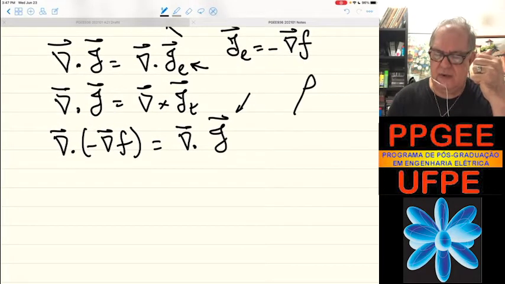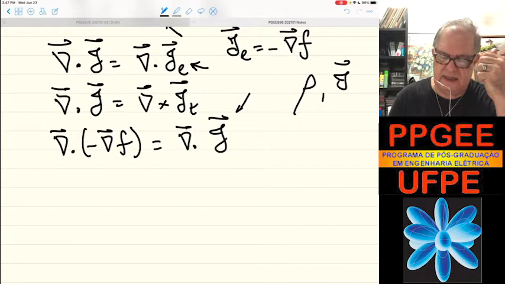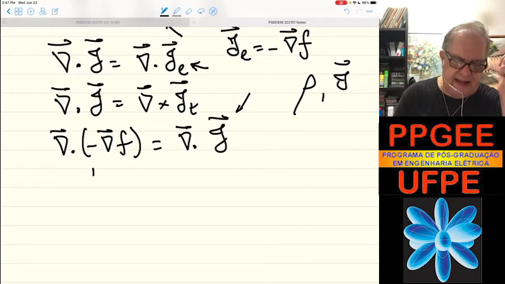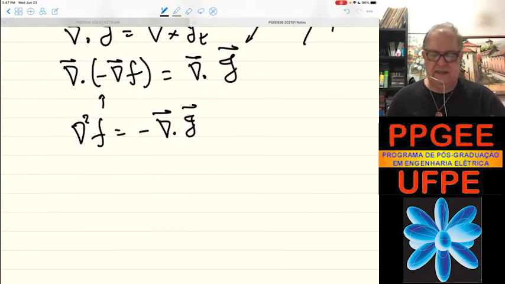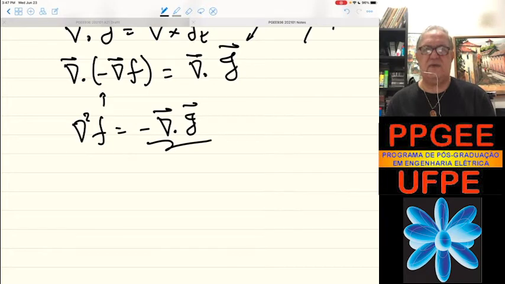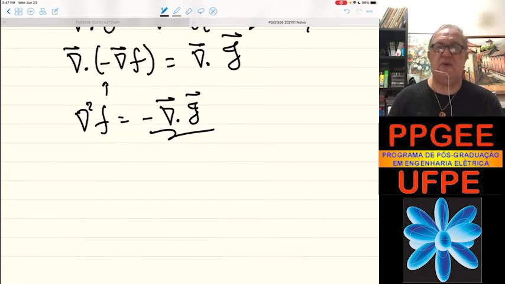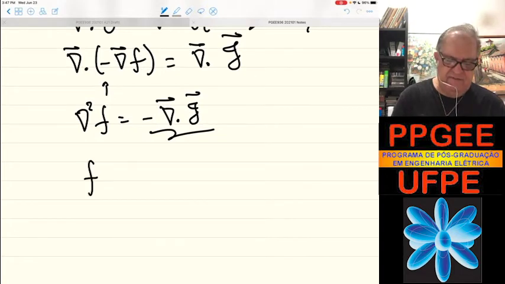I know rho and I know J. So this thing here is specified. So this is the Laplacian of f equals to minus divergence of J. So this is Poisson's equation in which the source equals to divergence of J. So we know the solution of that.